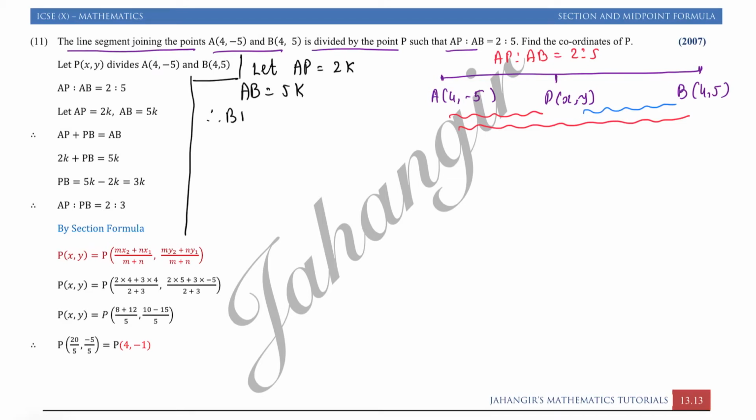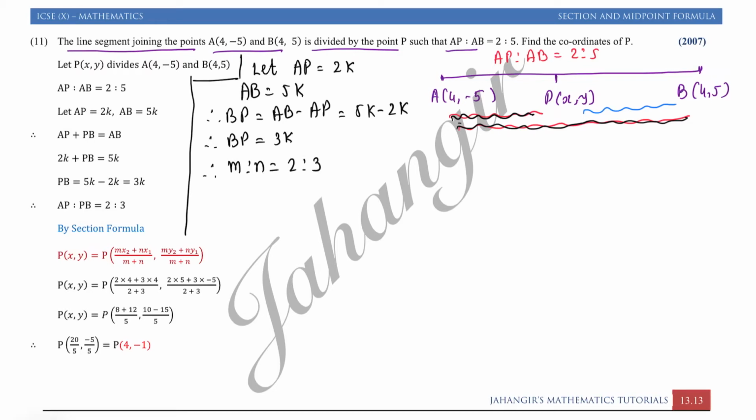Therefore BP is equal to AB minus AP. You have to show all workings. 5k minus 2k, so BP is 3k. So therefore m is to n, that is AP is to BP, is 2 is to 3.